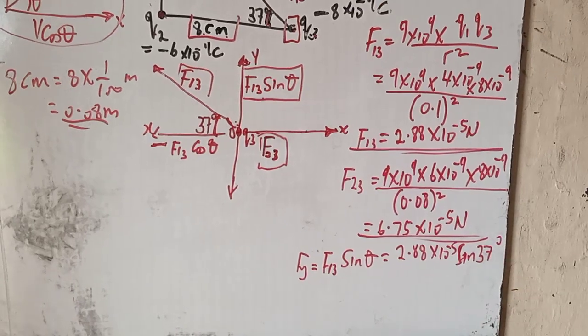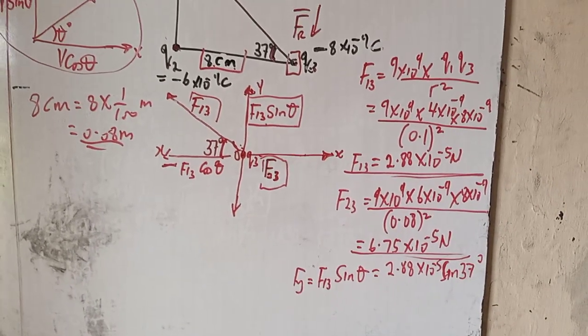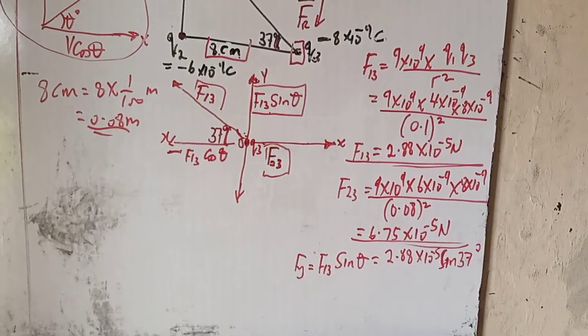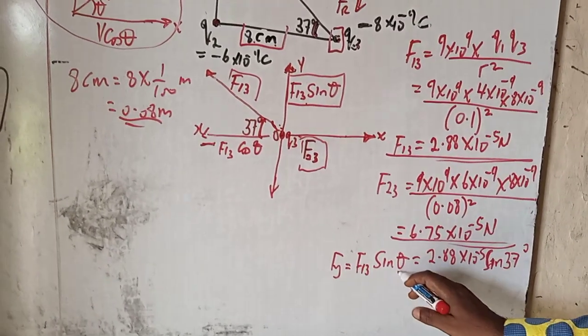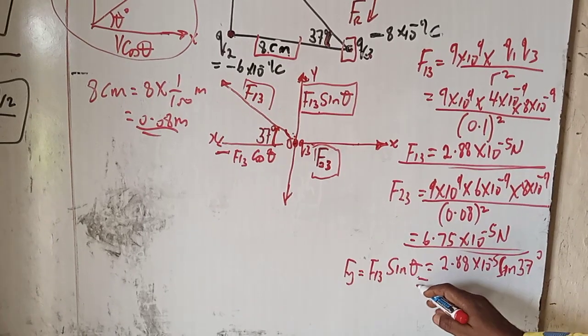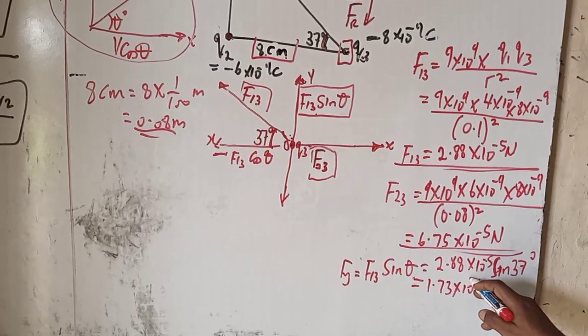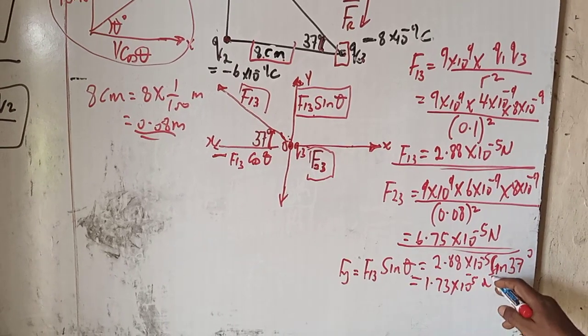Pressing our calculator, we are going to have 1.73 times 10 raised to minus 5 Newton.